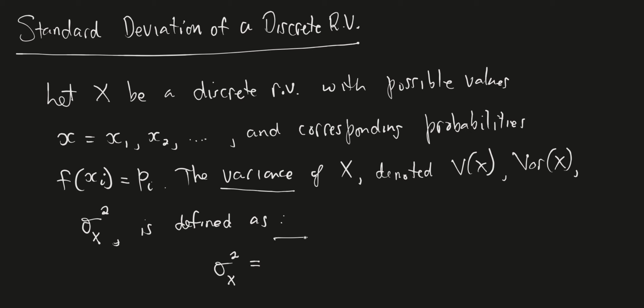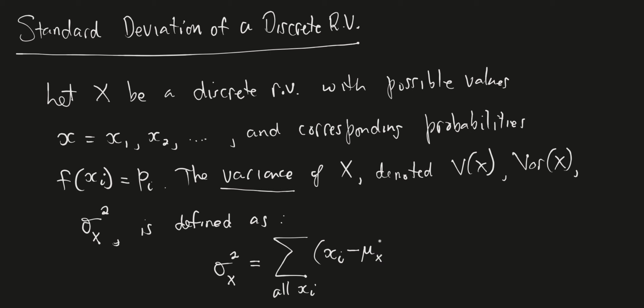It is also a summation, and it's still a summation over all possible xi's. Well, what do we sum? Well, we're going to take each possible value of x, and we have to subtract the mean, right?